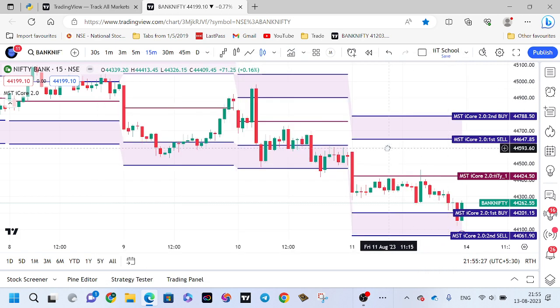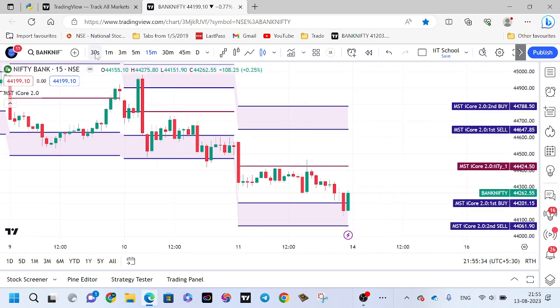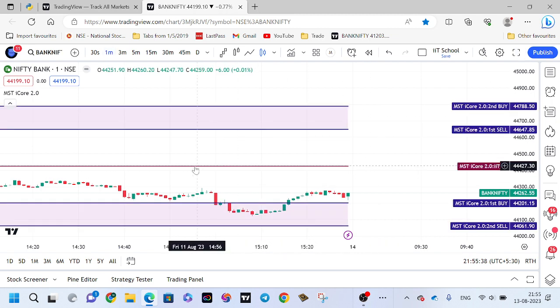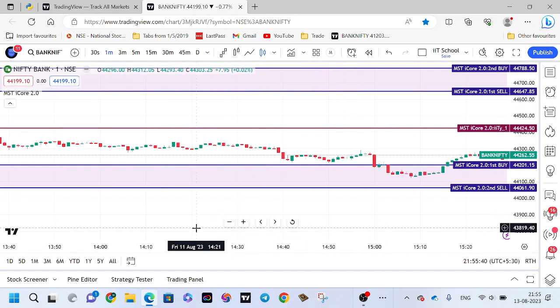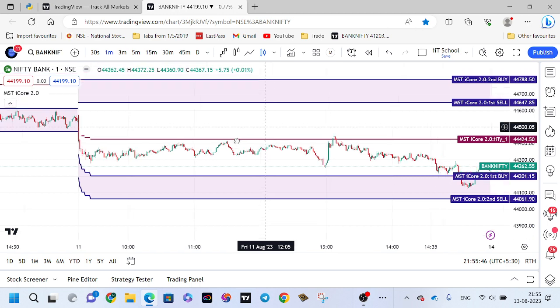Now, what is our basic setting? Whenever the market is opened, we will be getting these four lines: two lines on the top side, two lines on the bottom side, and one mid point.